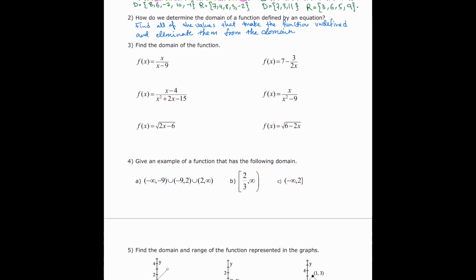So how does that work? Let's answer question number 3. We want to find the domain of the function. Notice how I have a denominator in this case, and we said whenever we have a denominator, we find any points that make the denominator 0. So we're going to set the denominator equal to 0 and solve that equation.